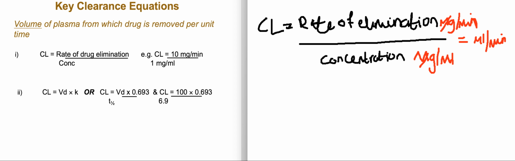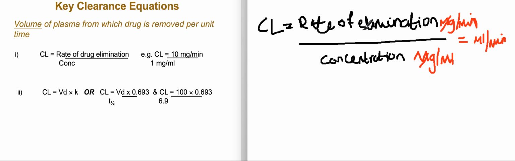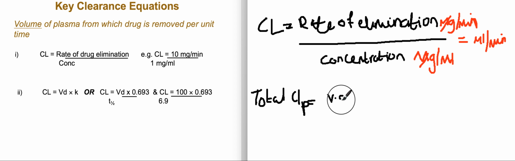Another equation is total plasma clearance, CLP, which is equal to volume of distribution, the amount of drug that's in the body compared to plasma, times the rate constant of elimination.